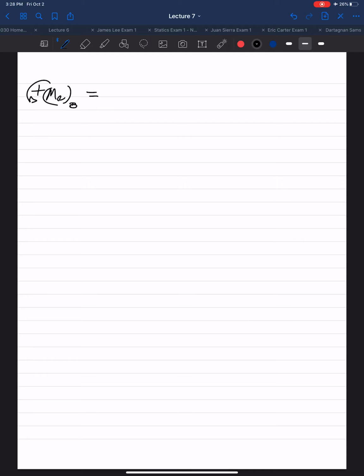So the vertical components of the 300 and 150 pound force components, their lines of action go through O, so they do not cause a moment. So we're only worried about the horizontal components. So the 300 pound force times cosine of 30 degrees.